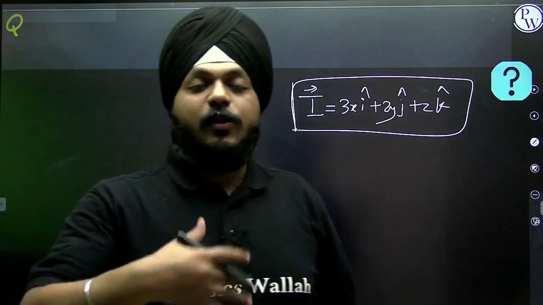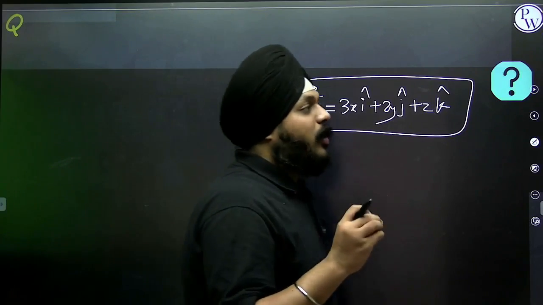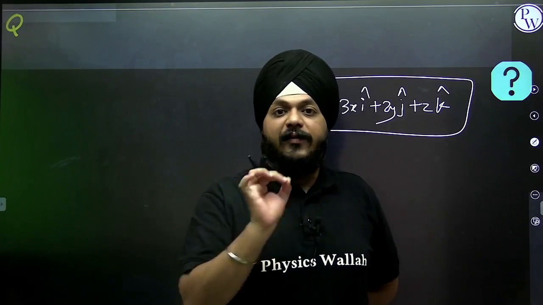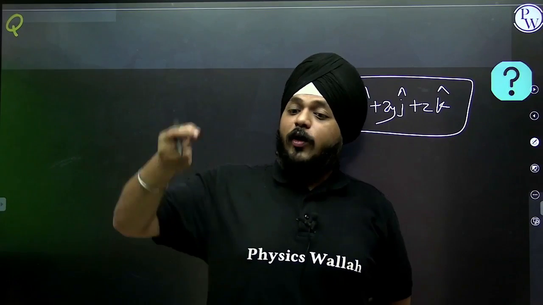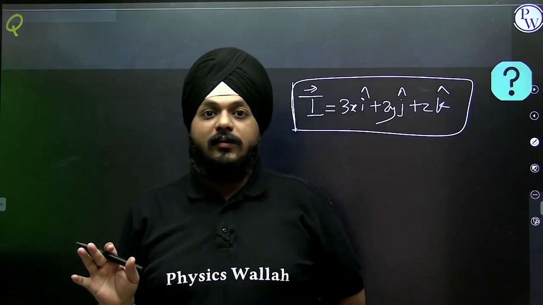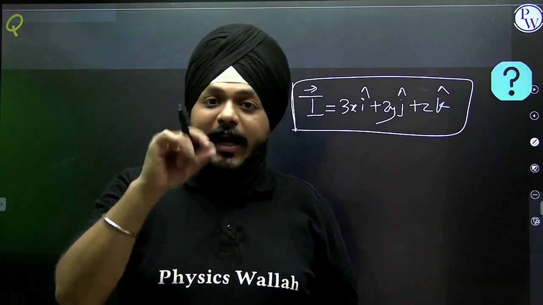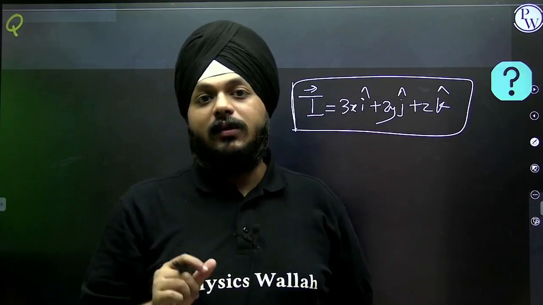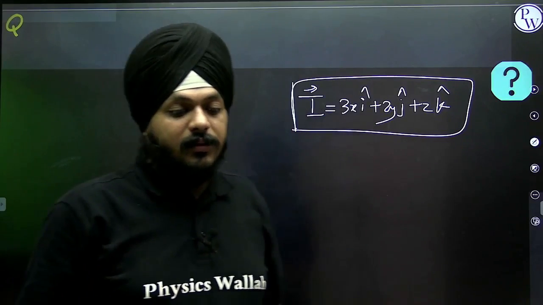Now in this case we need to calculate the potential. First of all I want to tell you all the potential term never exists. There is always a potential difference. If I am saying the potential at a point, it means it is also with respect to infinity. Actually it is gravitational potential difference. Everything is with respect to infinity.